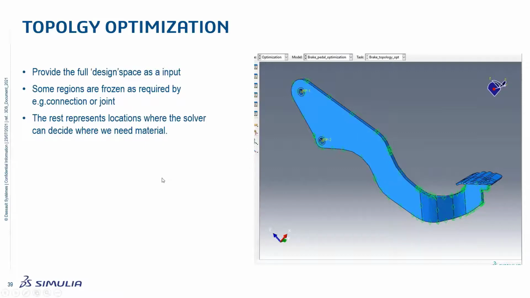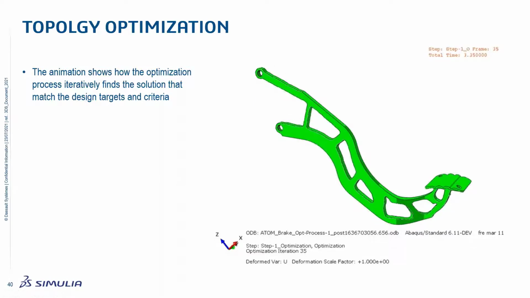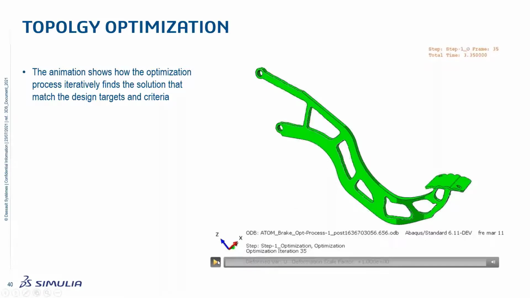So with those conditions, we can launch a topology optimization run. This is an iterative process. The solver will effectively run first the full model, and then it will identify regions where the stresses are low.